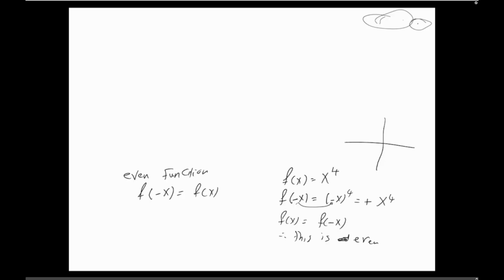What we mean by that: this is our y-axis, and symmetric with the y-axis, it's like this. In the positive side it will be like this, and the same on the negative side. So they're identical to each other, but instead of being about the origin, they are about the y-axis.